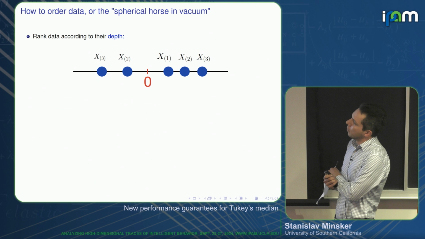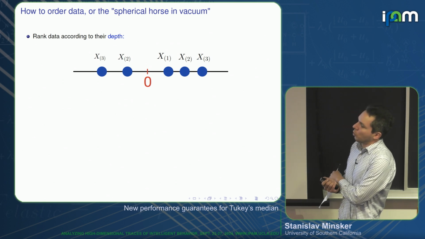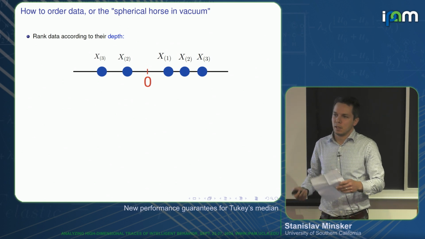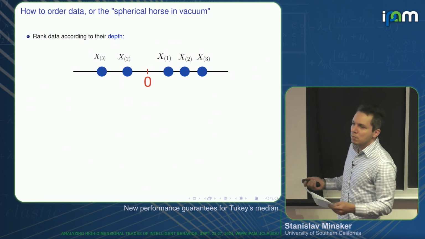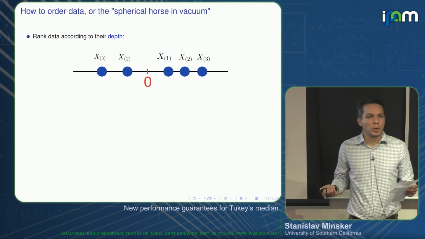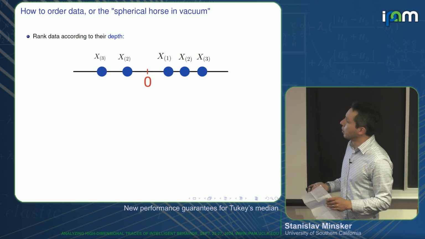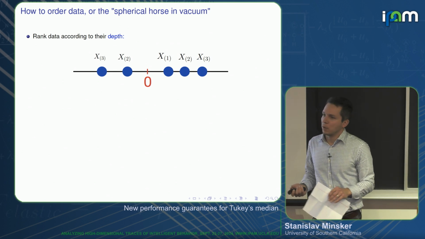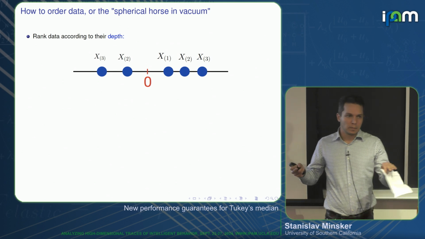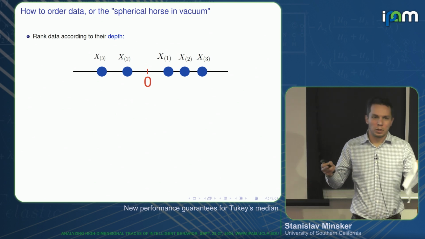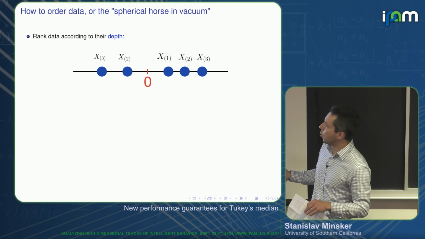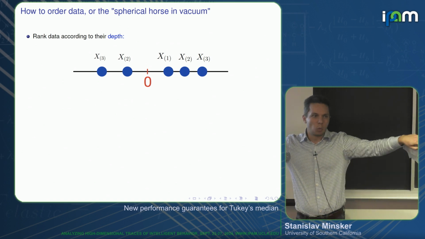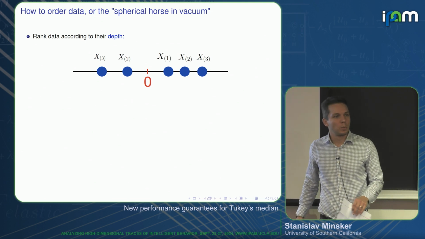Namely, we should order the data according to how deep it is in the point cloud. Another word that we can use is a center-outward ordering of the data. So we should find the most central point and order everything away from this most central point.